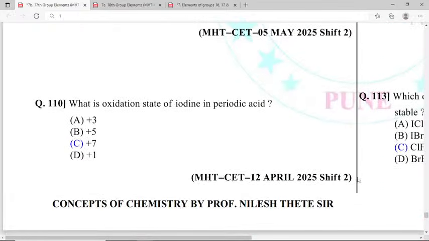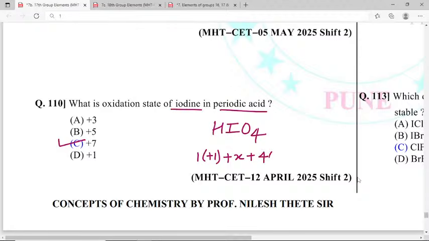What is the oxidation state of iodine in periodic acid? HIO4, periodic acid. +7 is the answer. How is it calculated? Hydrogen is +1. Iodine is X. 4 times oxygen, each oxygen -2.